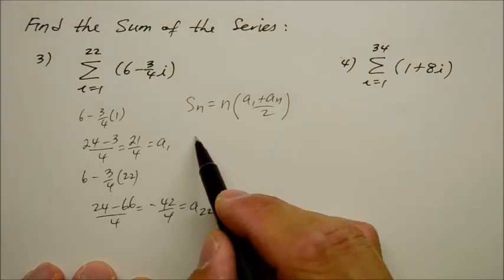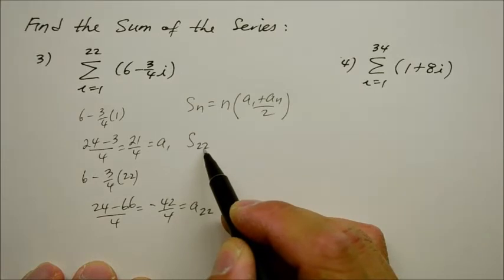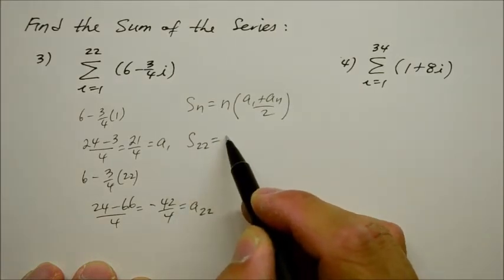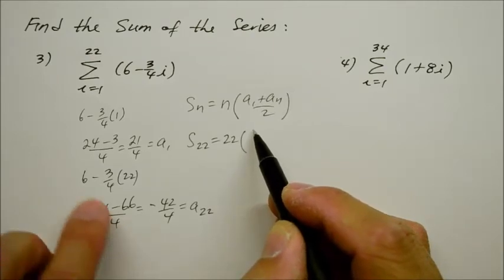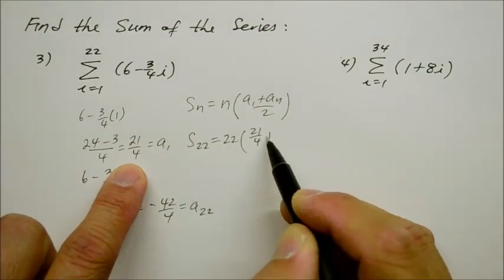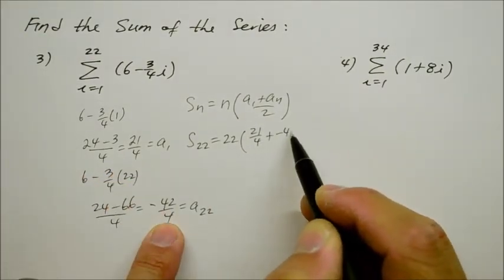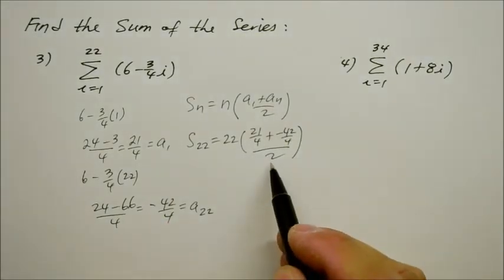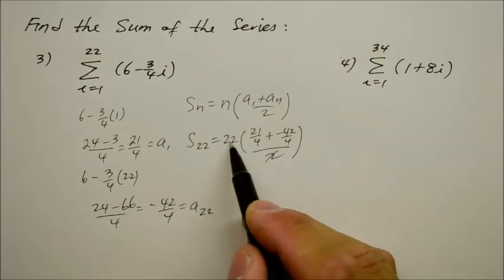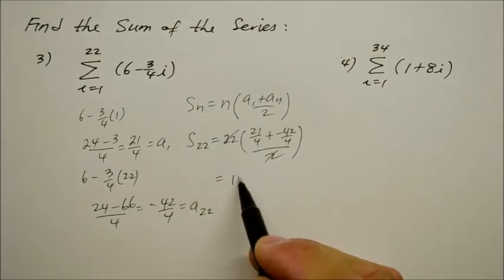So now let's plug it in. So S of the total upper limit of 22 is equal to 22, the position, times the initial, which is 21 over 4, plus the last, which is negative 42 over 4, divided by 2. The denominator 2 reduces the coefficient 22 to 11.